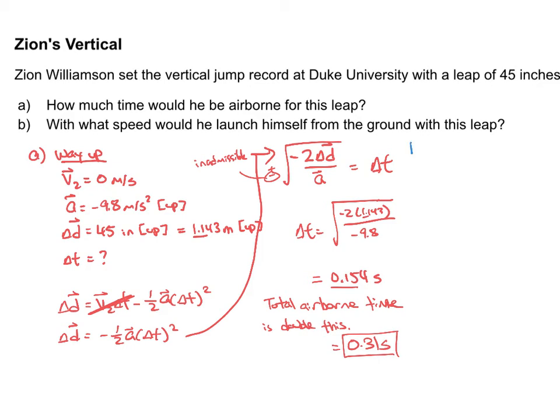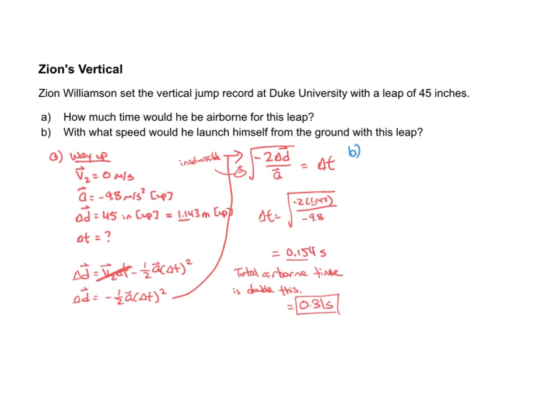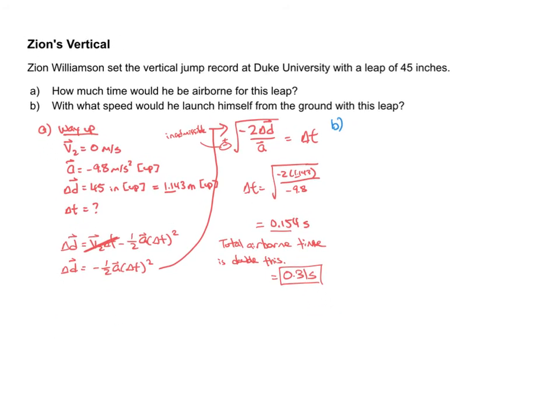Part B, what speed would he launch himself from the ground with this leap? So same thing. I'll just analyze the way up here. I can keep my same givens.